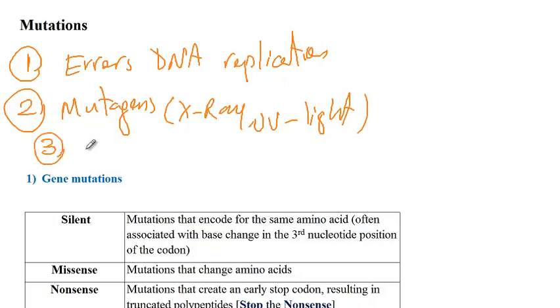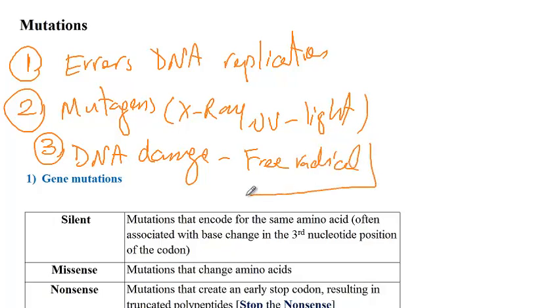And then finally, DNA can get damaged by free radicals. Okay, and a lot of free radicals are being produced by mitochondria.